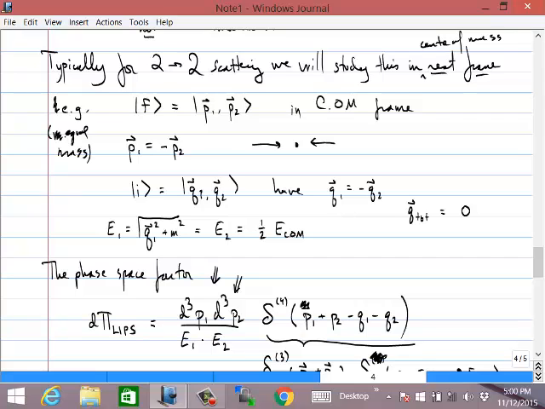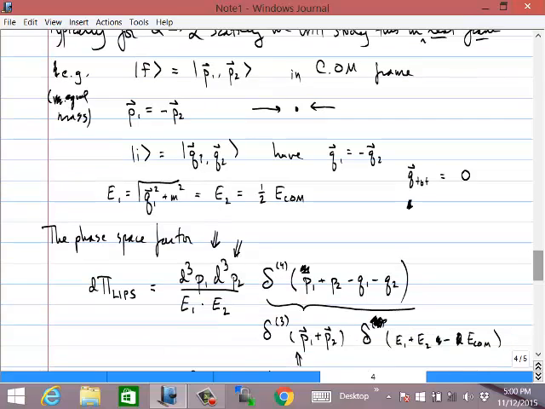And so that means that the momentum conserving delta function here has a spatial part which sets P1 plus P2 equal to the initial total momentum, which is equal to 0, which is this factor that I wrote down here.